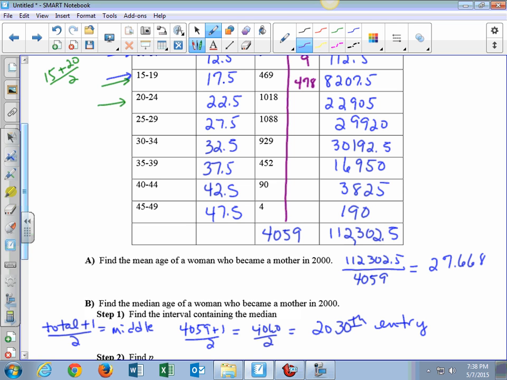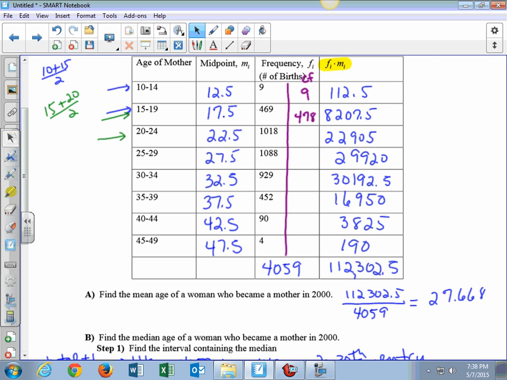So now I'm going to take 478 and add it to the 1018. If I take 478, add it to the 1018, I'm going to get 1,496. Think about that. Have we hit our 2030th term yet? And the answer is no. We're only at 1,496, so we're not there yet. So now I'm going to add 1,496 to 1,088.